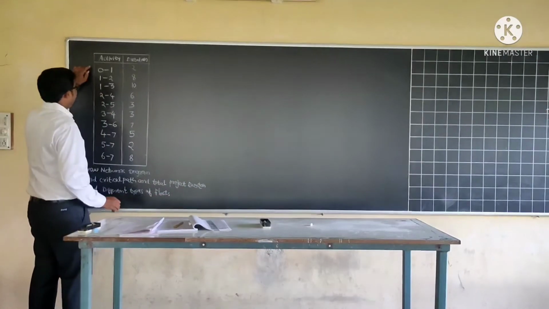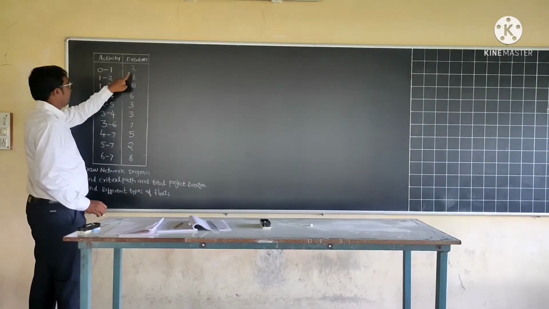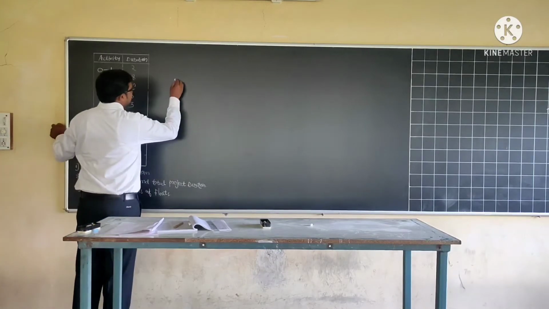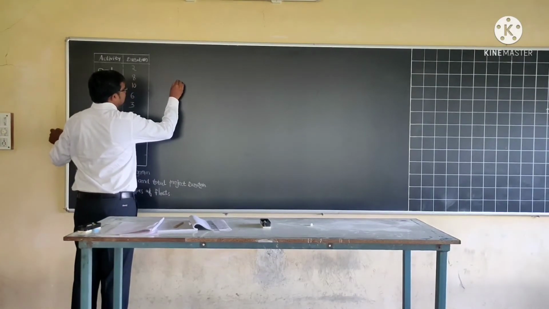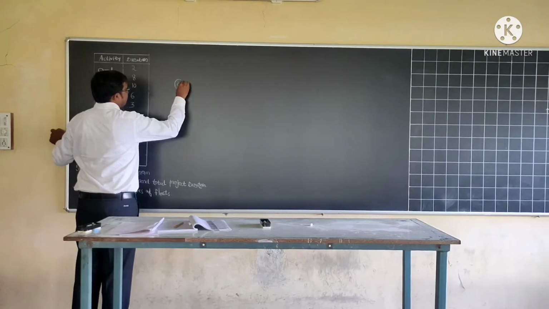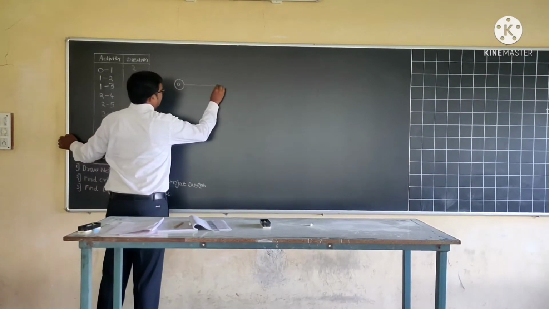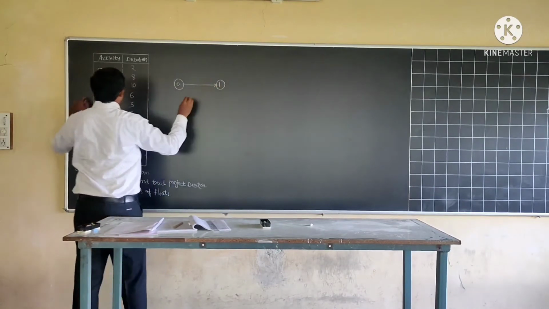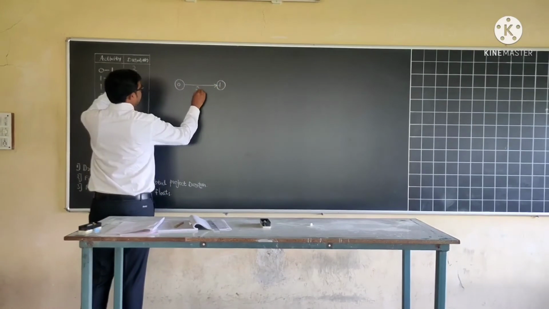So in this data, activity and its duration is given. Starting from 0th activity, 0 to 1, having duration of 2 days.